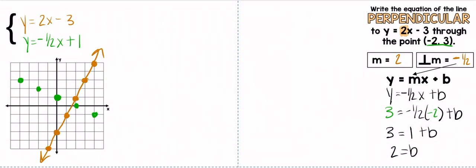Okay, and then I'm going to draw my second line. And there they hit. So this spot right here is where they intersect, and that would be where they hit at a 90-degree angle.